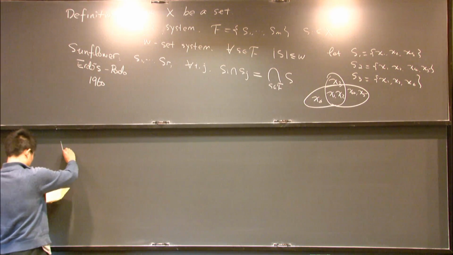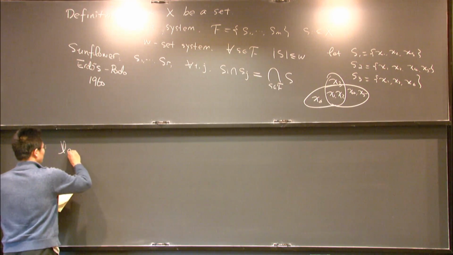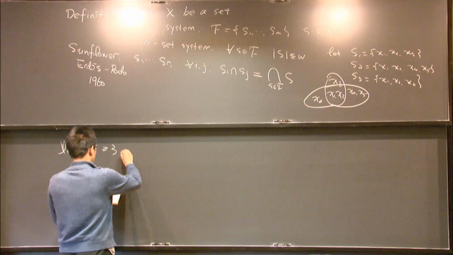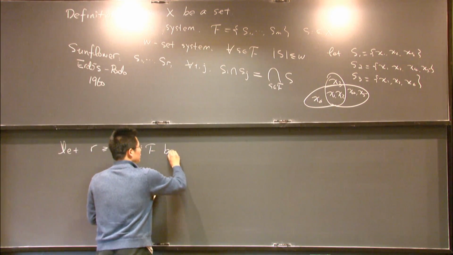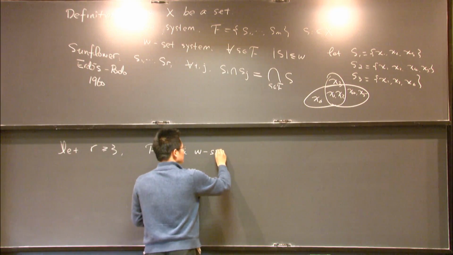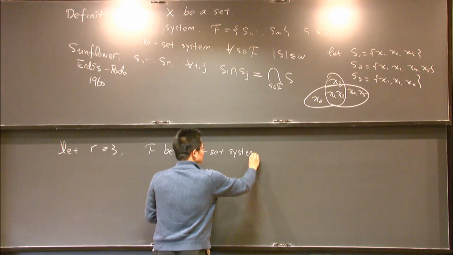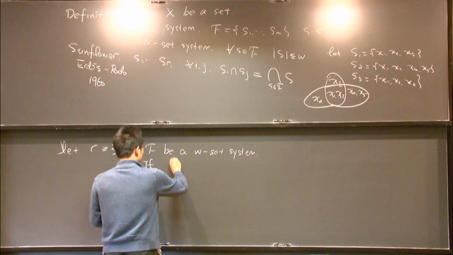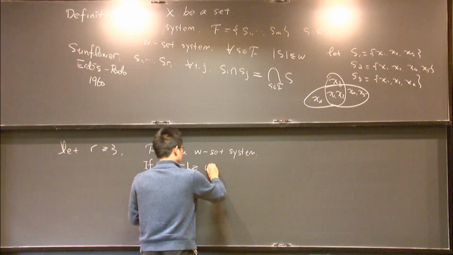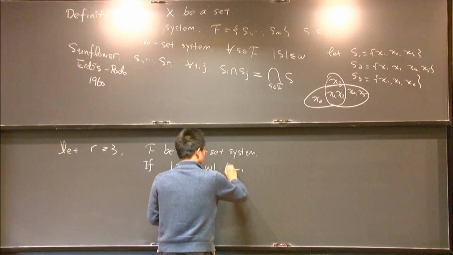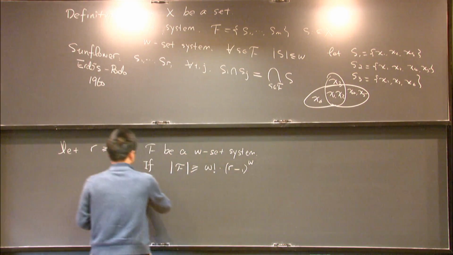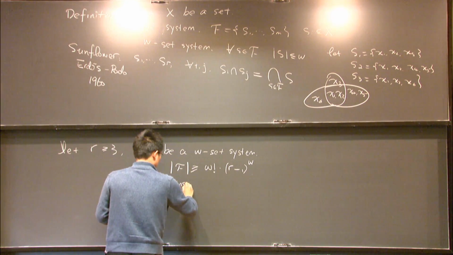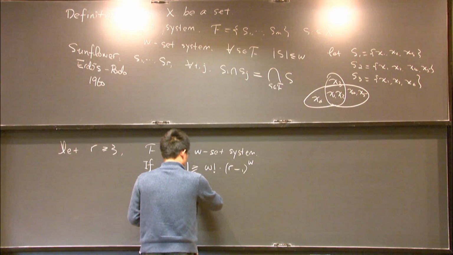It says that for any r larger than or equal to 3, and F a w-set system, if the size of F is larger than a factor of w, r minus 1 to the w, then F contains an r-sunflower.